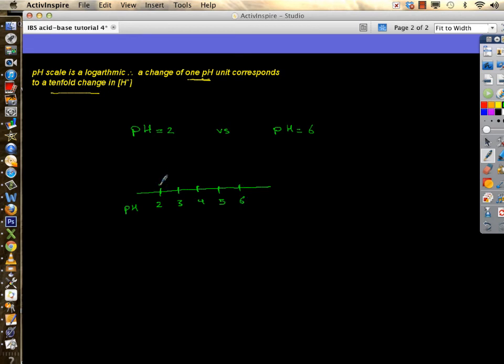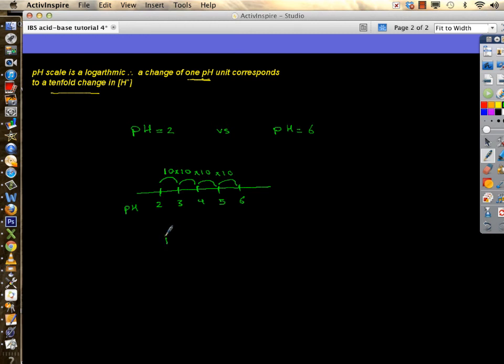So what I said, if it's log, that means the difference between 2 and 3 is 10-fold. So this is simply a 10. The difference between 3 and 4 is another 10, so multiply by 10. Another increment of 10, another increment of 10. This is 10 times 10 times 10 times 10, which is 10,000 times.